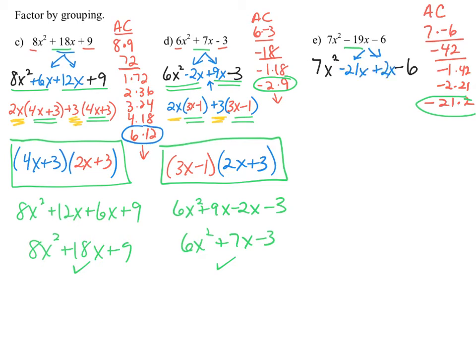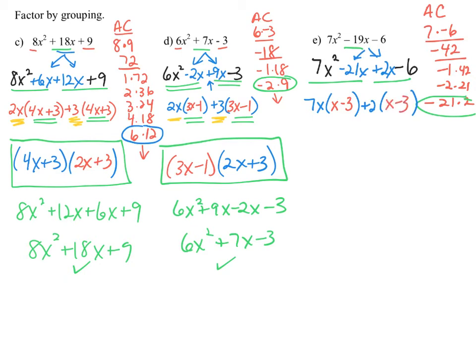And then using those two groups to factor the greatest common factor out of each of those terms, we can factor out a 7x from the first two terms, and we can factor out a plus 2 from the last two terms. When you factor out 7x, you'll be left with x minus 3. And when you factor out 2 from the last two terms, you'll be left with x minus 3.